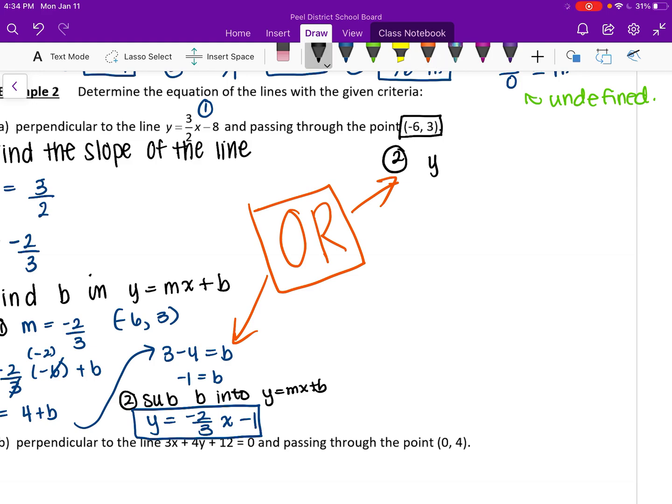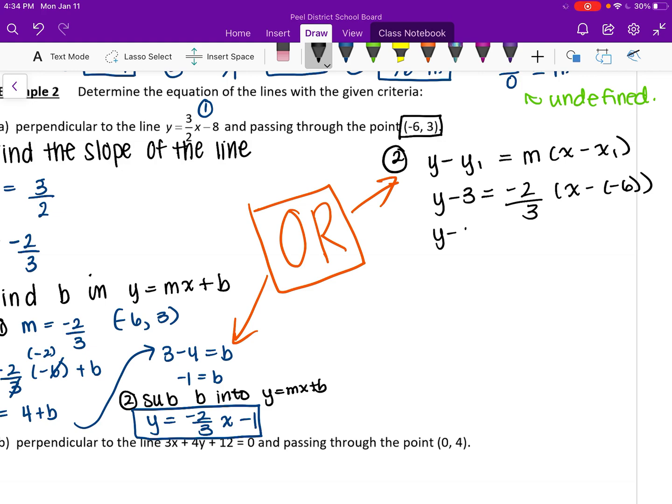So I'm going to do y minus y1 equals m times x minus x1. So y minus 3 equals negative 2 over 3 times x minus negative 6.